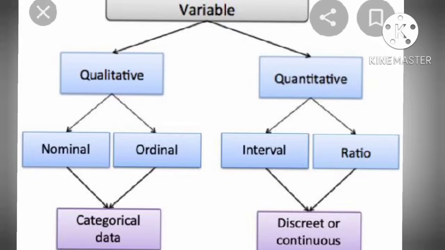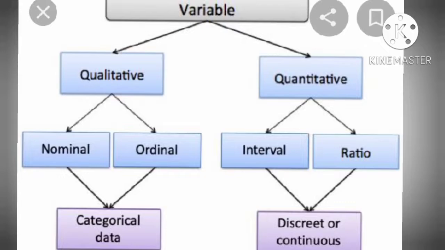And nominal and ordinal, they are also split into categorical data, while discrete and continuous, they are split into interval and ratio. I explain what discrete variables are, and I explain what continuous variables are.